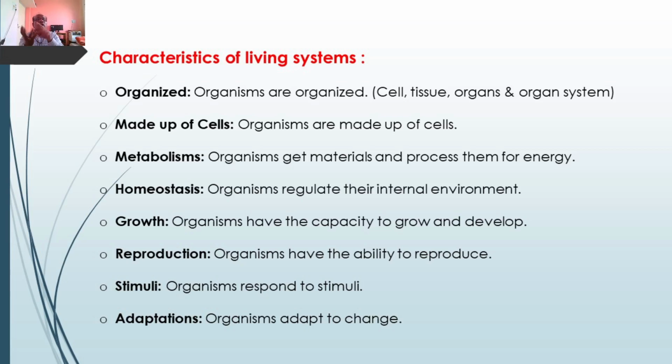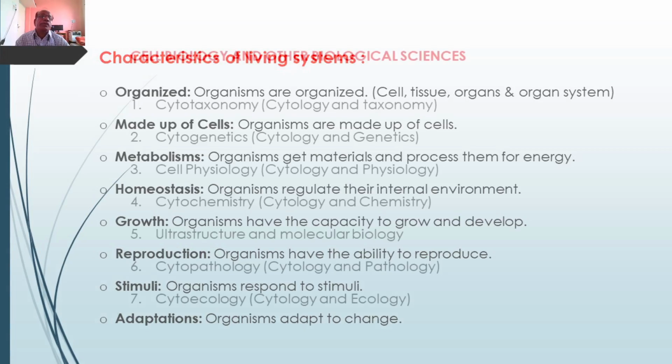So whatever the internal or external changes taking place in the external environment or in the internal physiological conditions, the organisms themselves get adapted, get modified and get changed so as to resist, so as to withstand the different adverse conditions of the internal or external environment. This is called as adaptations. Then, so this is about the characteristics of the living systems.